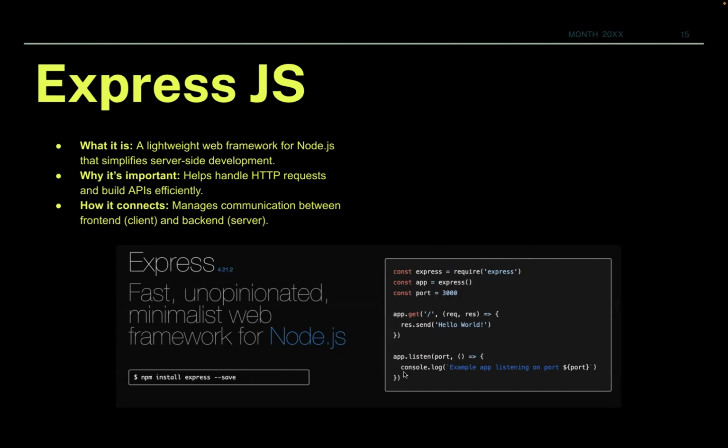And also here you enable it to be listening on the port you want. So as you can see, overall it's much easier to write and cleaner compared to Node.js, and that's why a lot of people prefer it over using just Node.js itself.